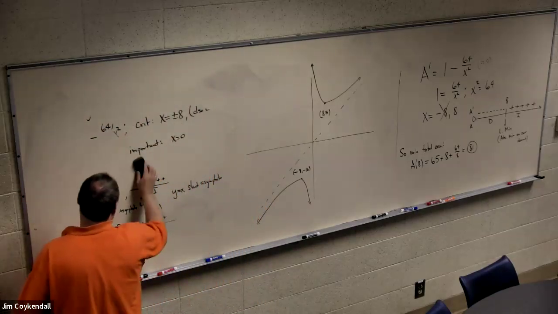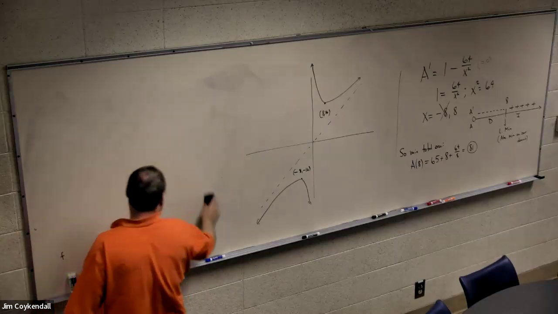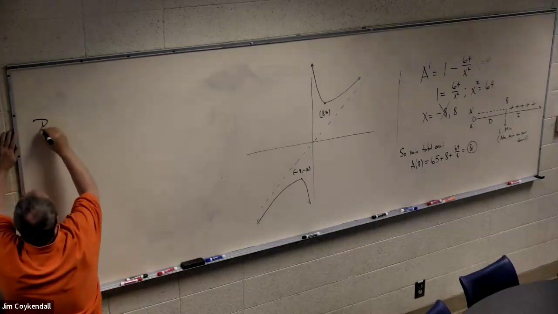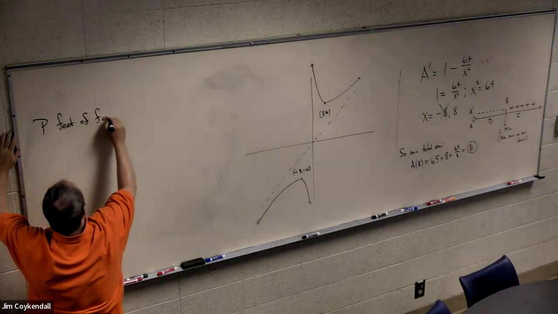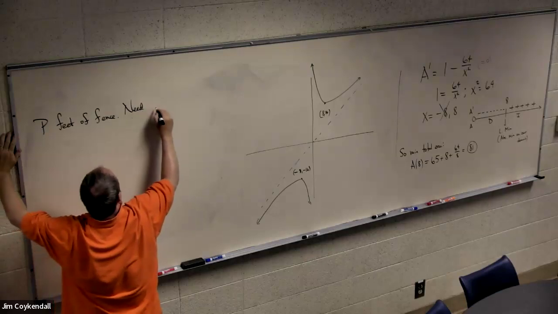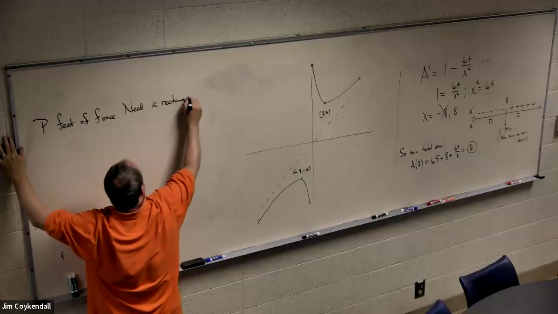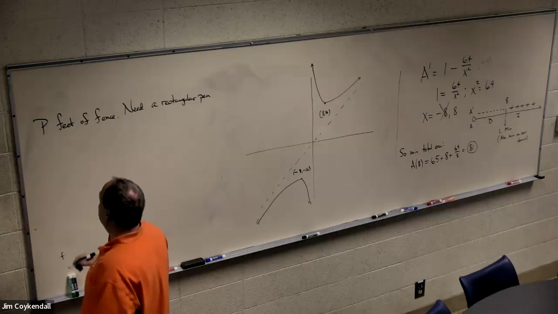So whoever this person is has P feet of fence and needs a rectangular pen containing 2 smaller ones.